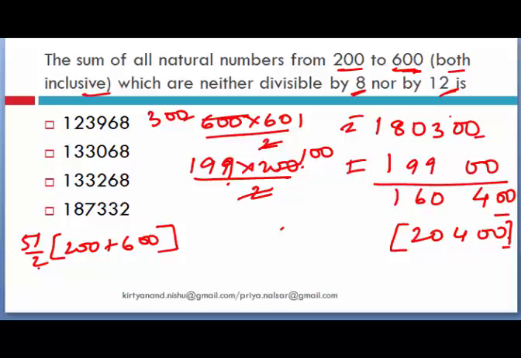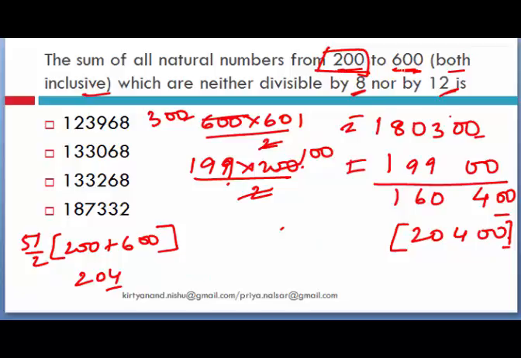Okay, so this is the sum of all the numbers which are divisible by 8. Similarly for 12, if I check closely, 204 will be the first number which is completely divisible by 12, and on the other end, there will be another number divisible by 12 that is not more than 600.